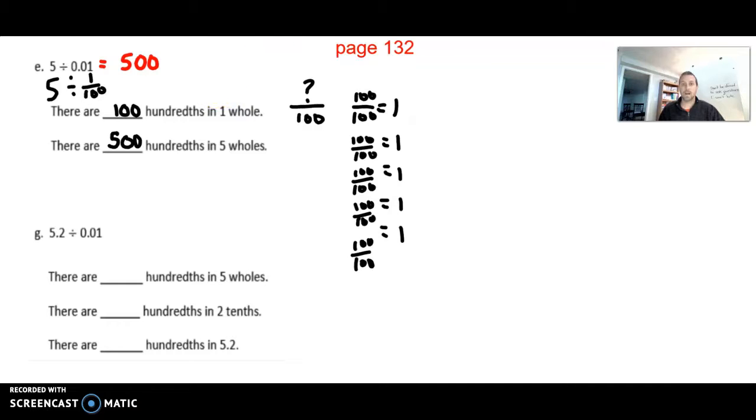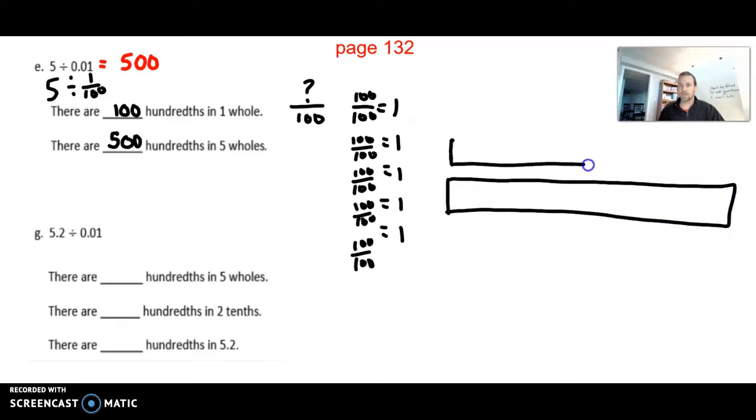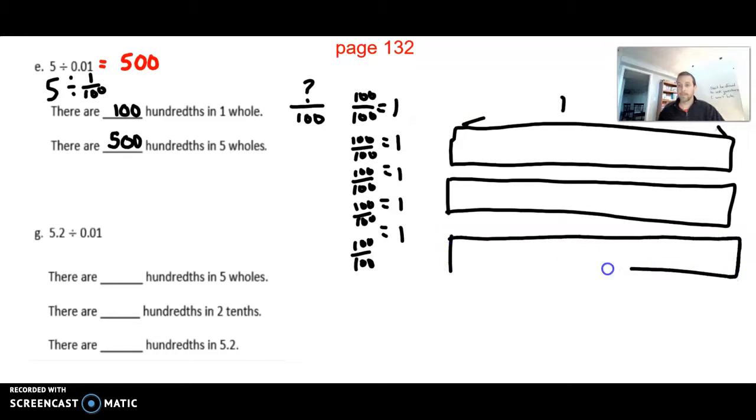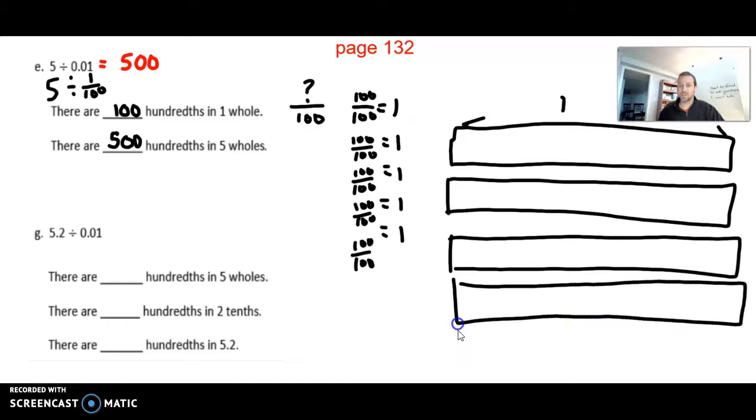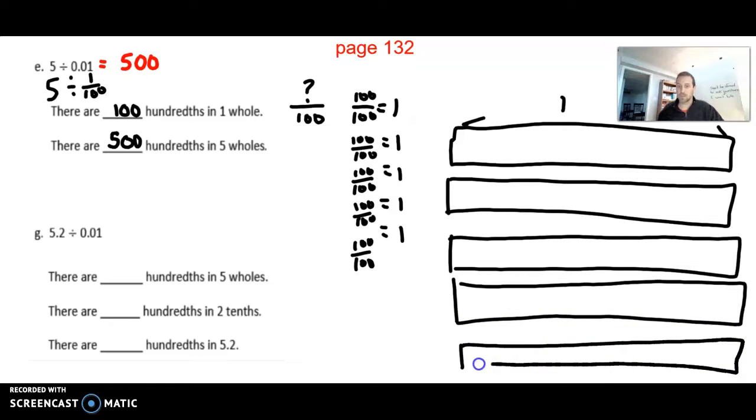If we looked at it in a model form very quickly, I would draw a fairly large model. I'm going to draw 5 of those. I would also label at least one of those. There's our 4th. See if I can squeeze in the 5th one down here. Still trying to be neat and organized.